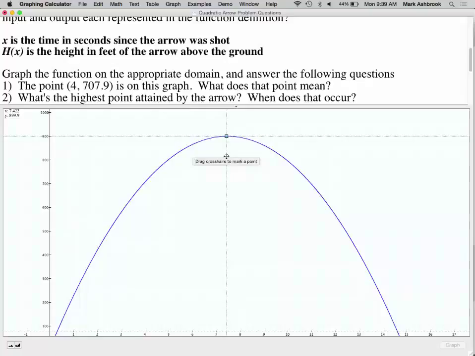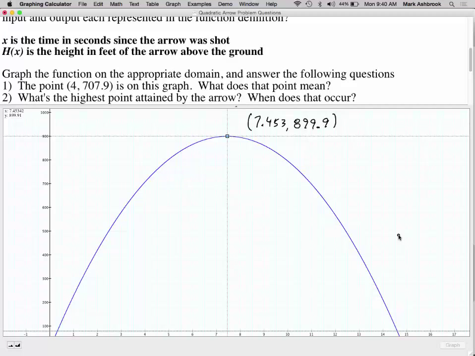And I get 7.453 and 899.9. Okay, so the highest height attained by the arrow is, that's our output, right?